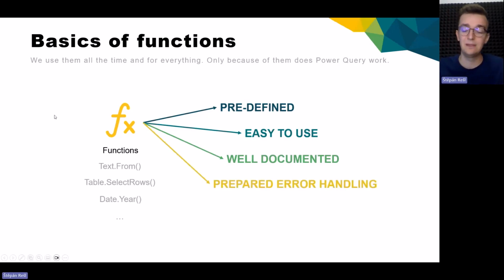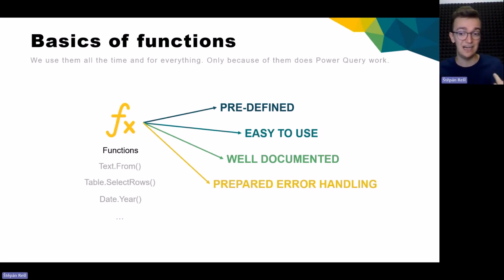And most of them are prepared very precisely for error handling. So that's something that is great to have in mind: native functions are already there, they're easy to use, well documented somehow, and prepared for most error handling.